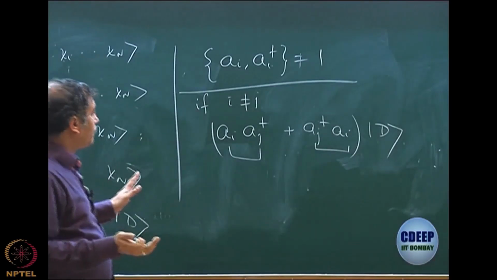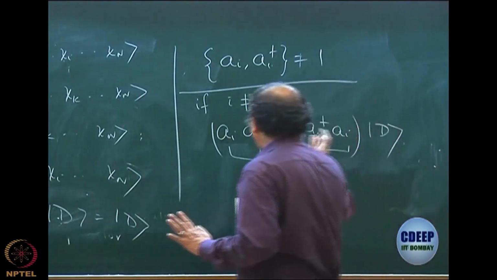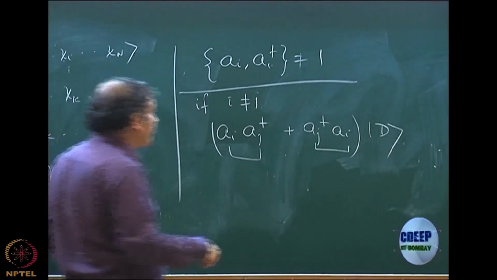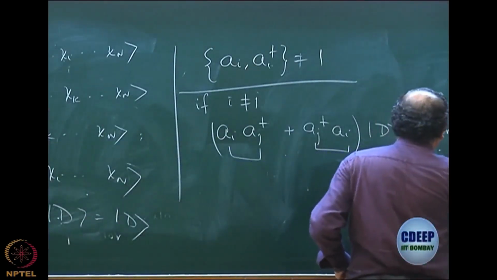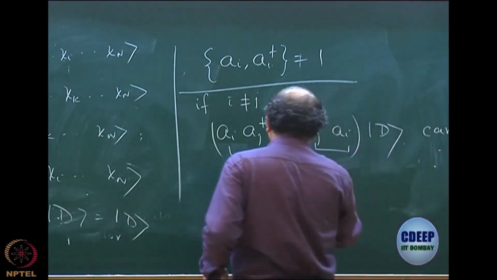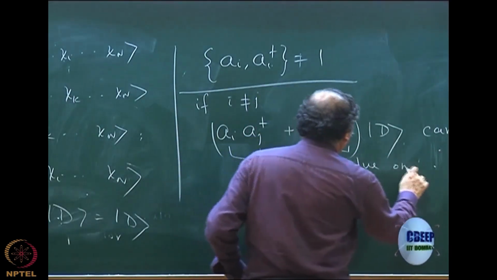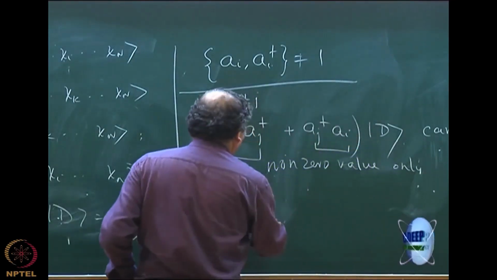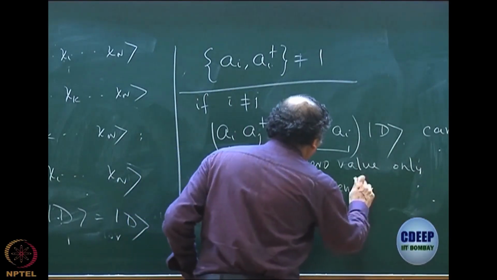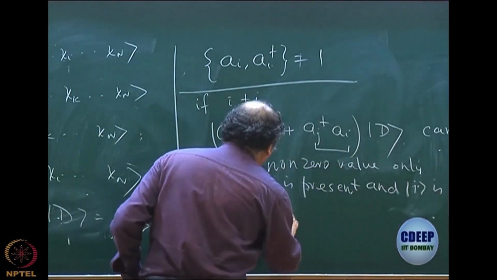So, the only time this will give a non-zero value possibly is when I is present and j is absent. Is it clear? So, this determinant can exist or give a non-zero value, this action can give a non-zero value only if I is present and j is absent in the starting determinant.